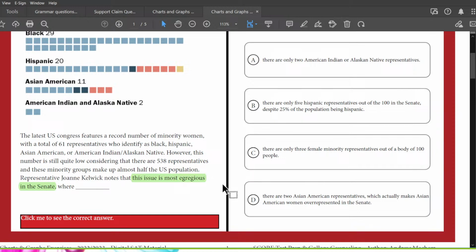But even if you didn't, you can look at this and see, okay, I am completing this sentence, right? And it says this issue is most egregious in the Senate. In other words, the biggest problem is in the Senate, that part of the Congress. So I then should pick data that focuses on the Senate. If I don't pick that data, I'm not logically completing the sentence. Does that make sense?